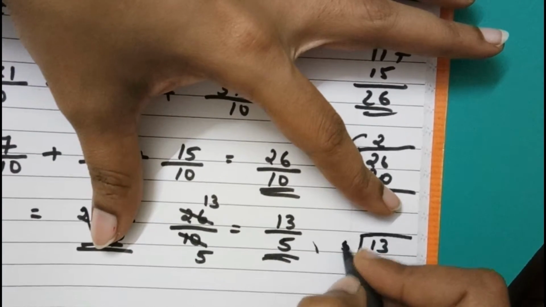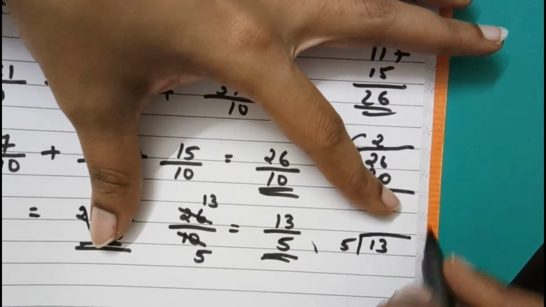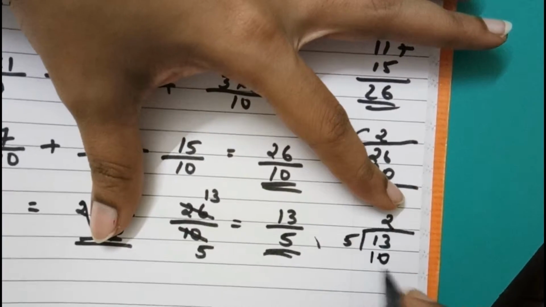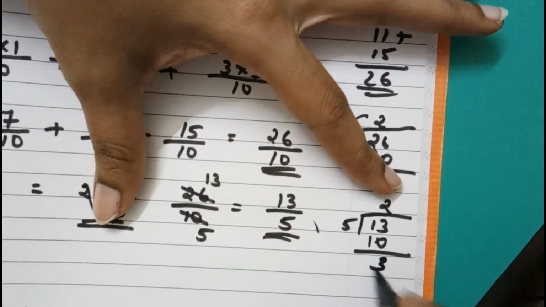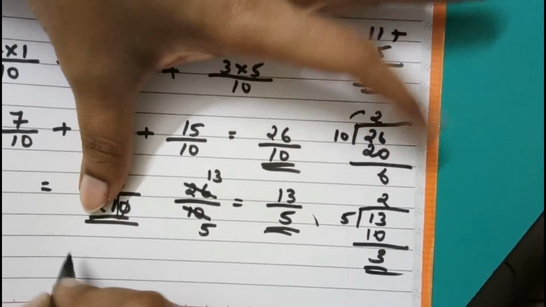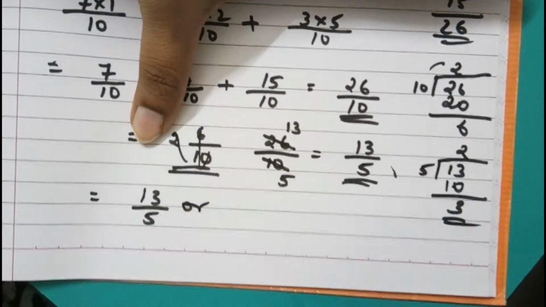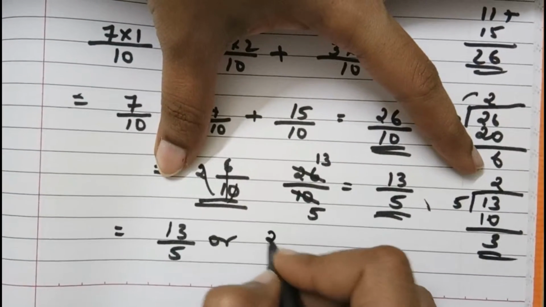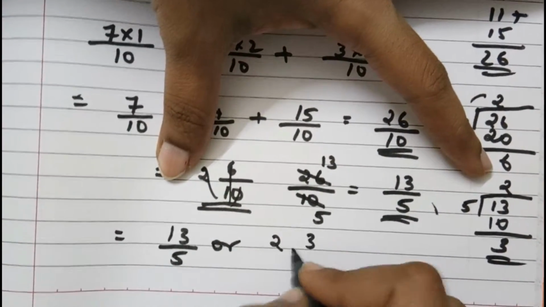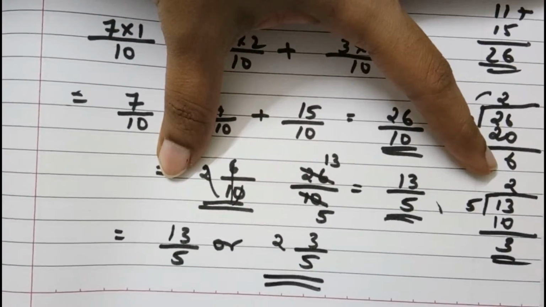So 13 by 5. 5 will go in 13 how many times? 2 times. 10. 3 minus 0 is 3. 1 minus 1 is 0. So how can we write this? 13 by 5 or 2 3 by 5. Clear?